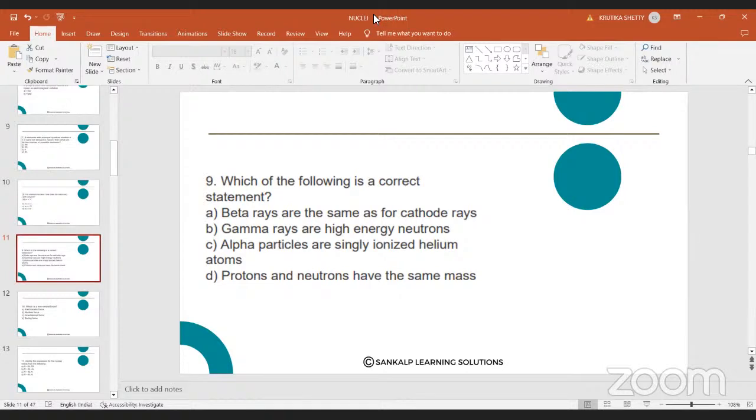Which is right here? C or A. Some are saying it is C, some are saying A. See here, the statement which is true is that beta rays are the same as the cathode rays. This is the only sentence which is correct here.